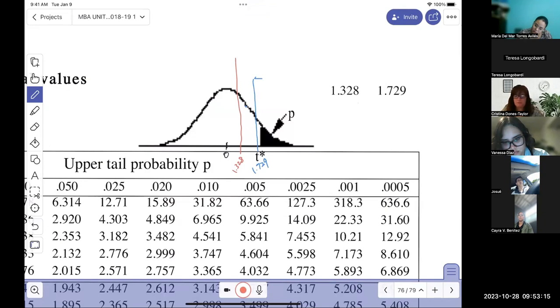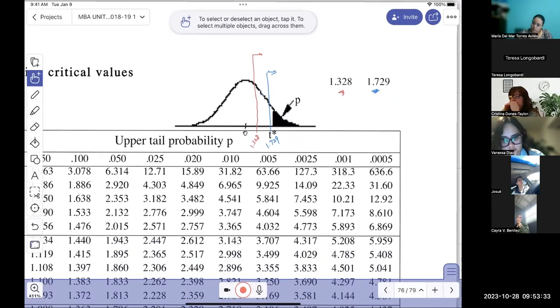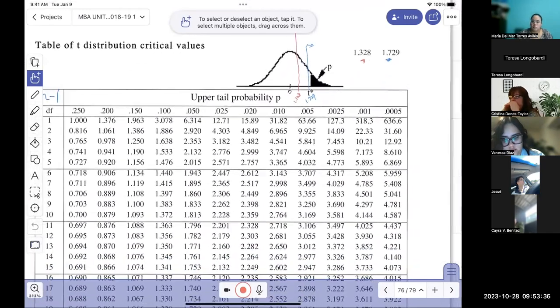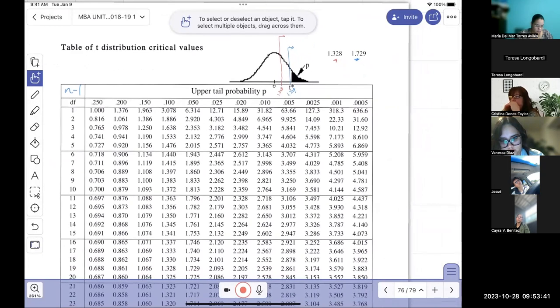And in between them is the 1.5 that I'm looking for. So let's go back and see what area to the right 1.328 corresponds to, because the table just gives you the area to the right. 1.328 corresponds to 10% on the right, and 1.729 corresponds to 5% on the right.